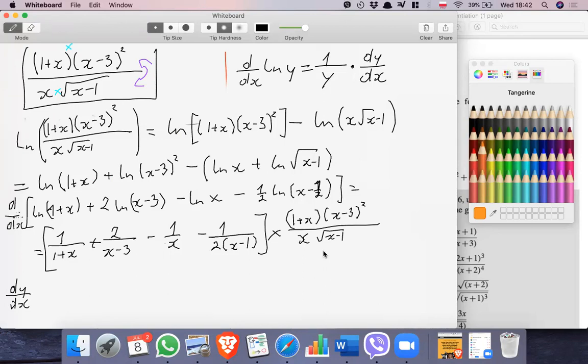And we can leave it here. This long expression is the resulting derivative. Sorry about the messy writing, it will clear up in a little bit.